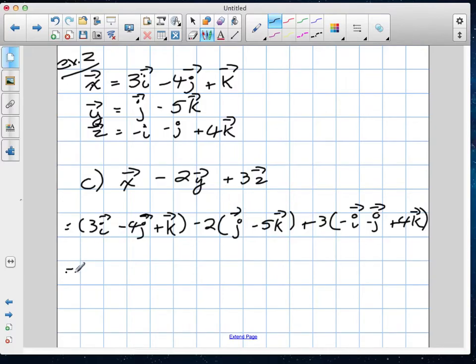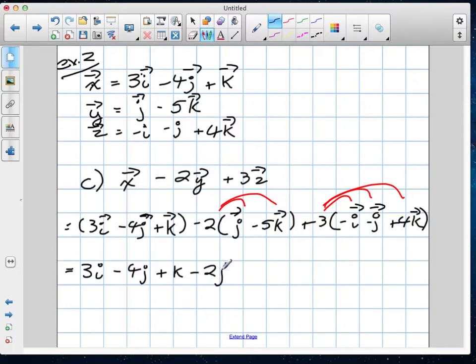We then use our distributive property. Okay, so the 2 will be multiplied by those, and the 3 by all of those in there. I can essentially drop these brackets, so I get 3i minus 4j plus k. I'll put the arrows in at the end.